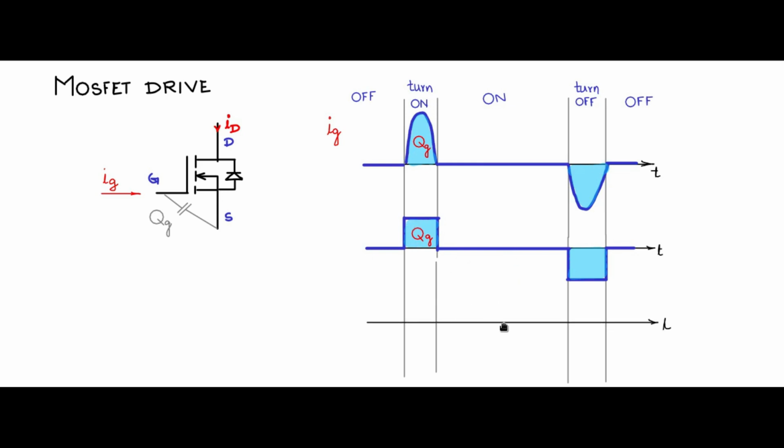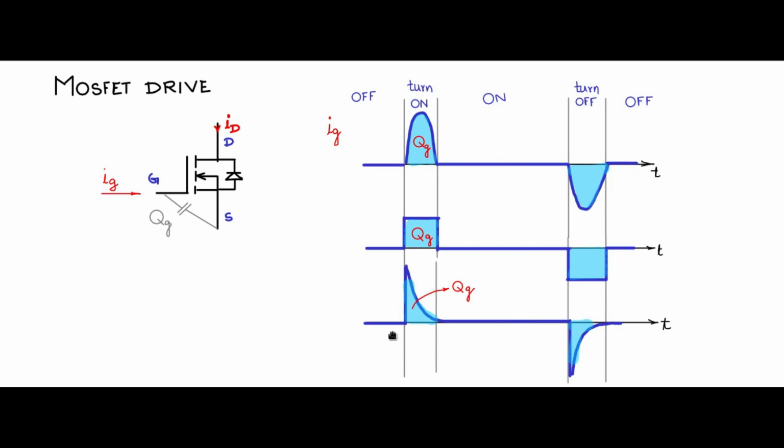Or instead of that, I could give an RC exponential decay like this. As long as the area under this is Qg during the on time, then remove that amount of charge that you had supplied to turn it on. So this is also fine, as long as you are giving Qg amount of charge to turn it on and remove Qg amount of charge to switch it off.